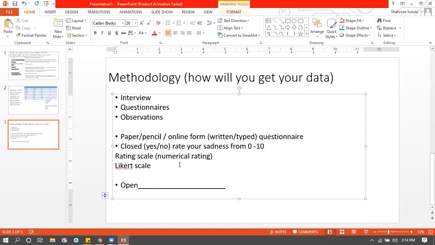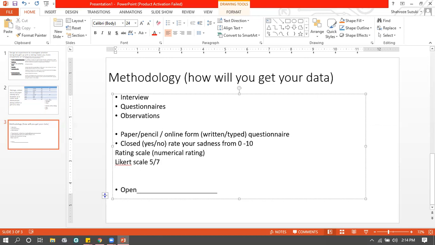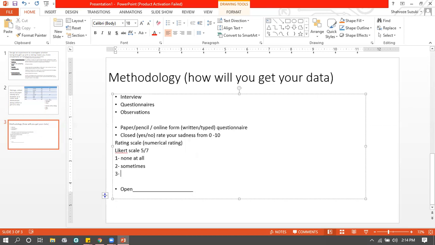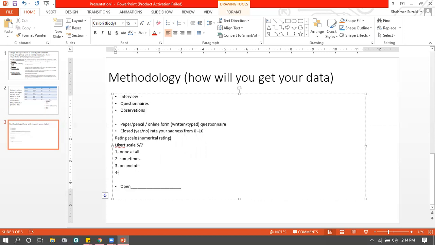Likert scales have standard options; sometimes they have 5 options, sometimes 7. So one could be none at all, two could be sometimes, three could be on and off, four could be regularly, and five could be always. Have you seen these answer formats where you're supposed to answer from one to five, and each numerical answer has a statement beside it?